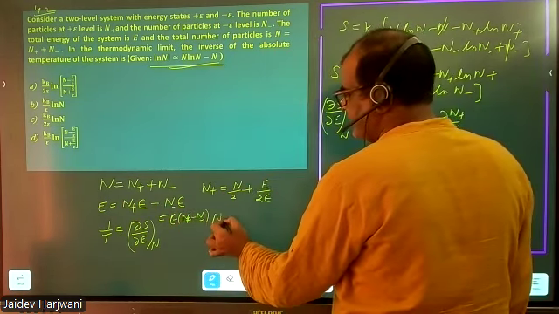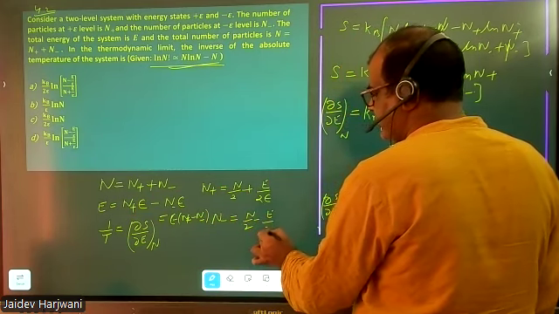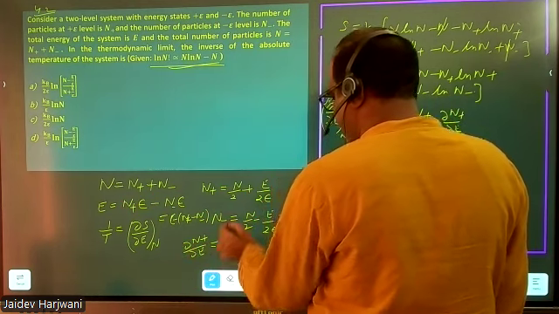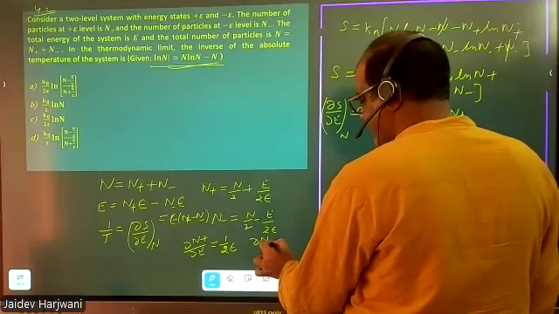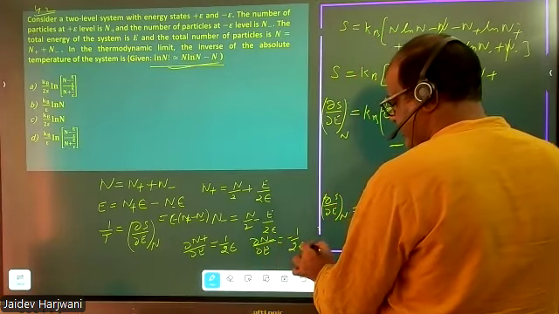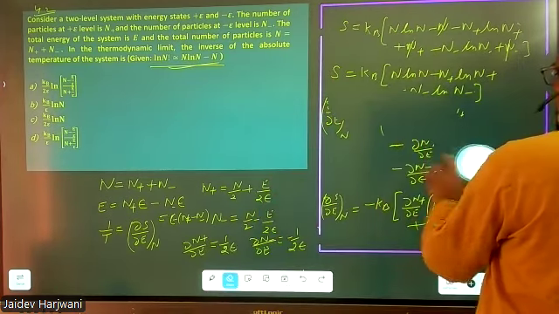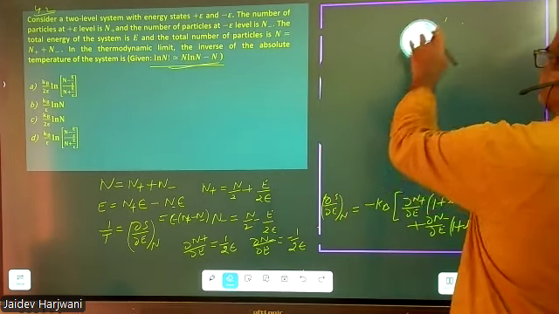Similarly, you can write here for n minus will be n by 2 minus E upon 2E. Now just differentiate this one. So del n plus del E will give you 1 by 2E, and del n minus del E will give you minus 1 upon 2E. Now put these values here and you can get the expression for del S by this one.